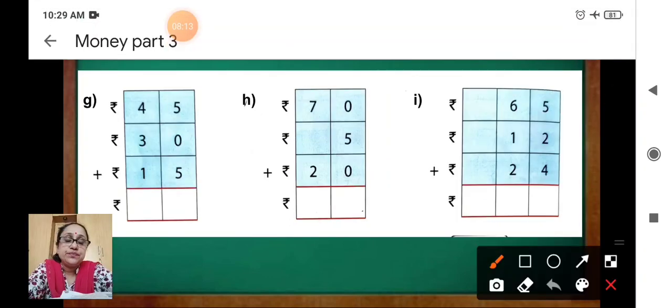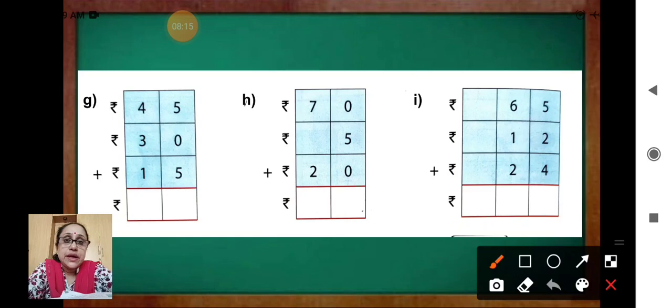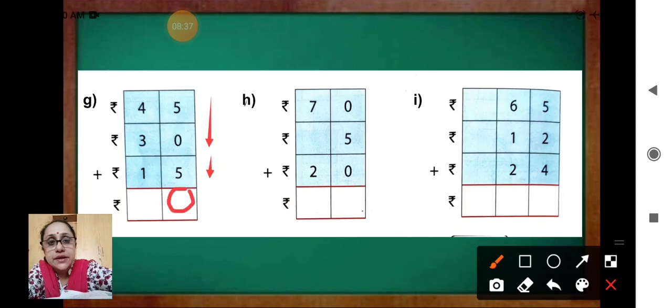Now question G. You have to add the amount rupees 45 plus rupees 30 plus rupees 15. So first 5 plus 0, 5. And then 5 plus 5, 10. So write 0 here, and 1 will be carried over.